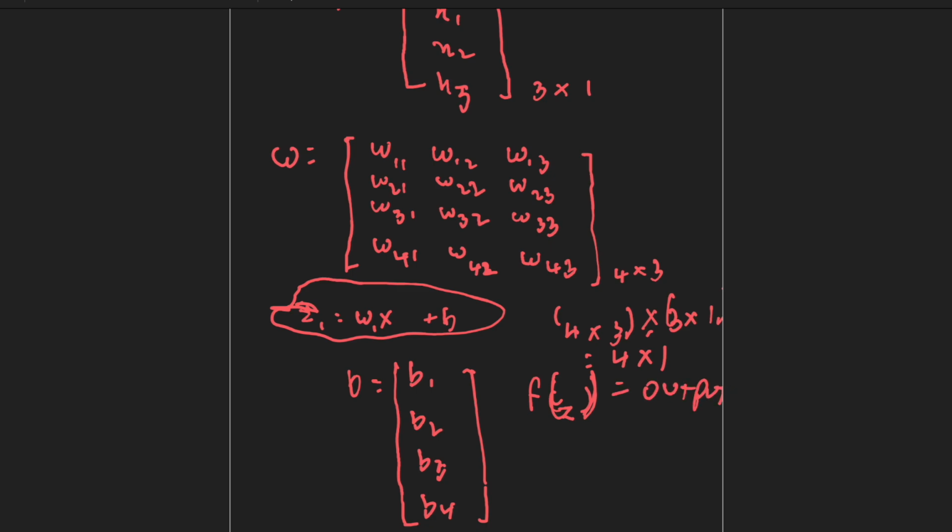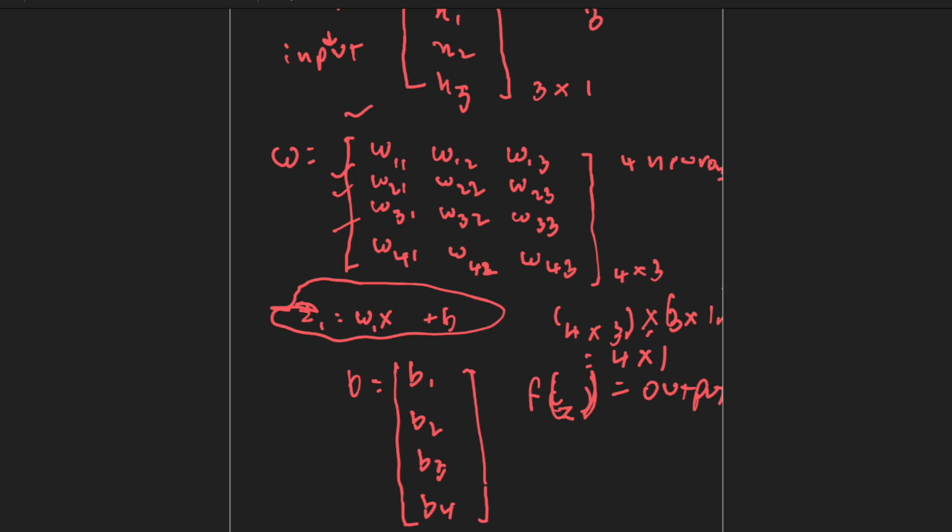So X is our input feature, and we have three input features, three inputs, and these will be multiplied by the weights. There are four neurons: this is our first neuron, then second, third, and fourth, and these are the weights associated with each input neuron to the neurons in the hidden layer.